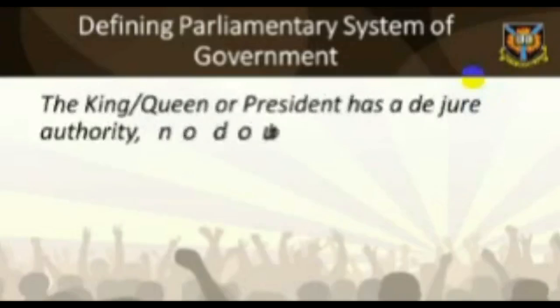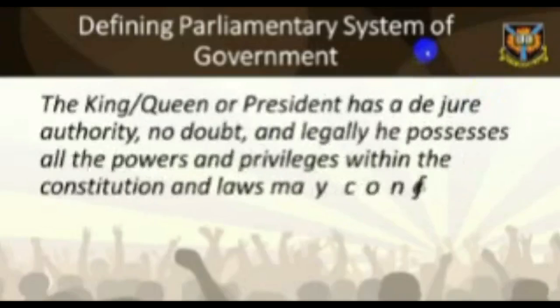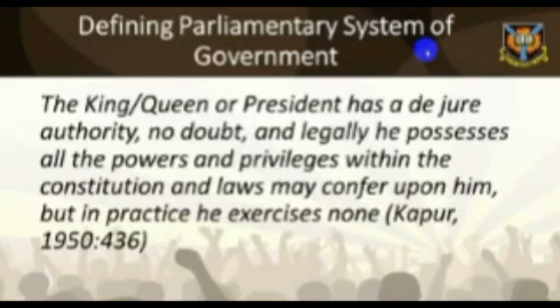The king or queen or president has a de jure authority, no doubt, and legally he possesses all the powers and privileges within the constitution, and laws may confer upon him, but in practice he exercises none. This is according to Kapoor in 1950, page 436.